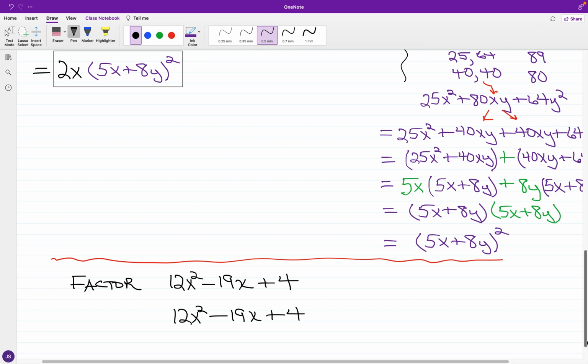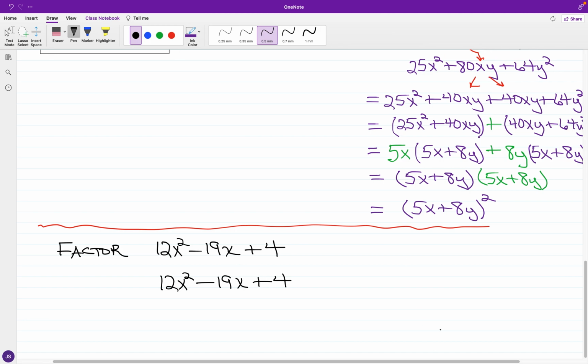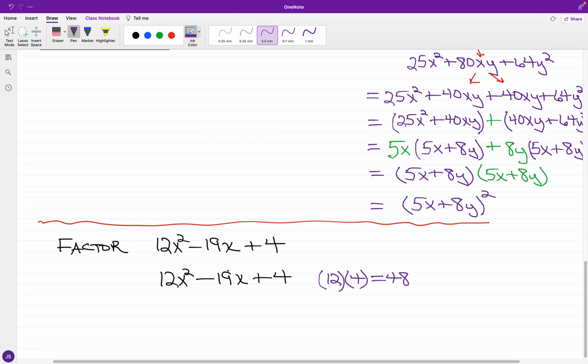Now for this one, the reason I'm throwing this in is this time we have a negative middle term, and looking at trying to factor this one. Again, if you look at the factoring by grouping approach, if I multiply the first and the last coefficient, it's 12 times 4 is 48. Now I'm looking at factors of 48 that will add up to negative 19.